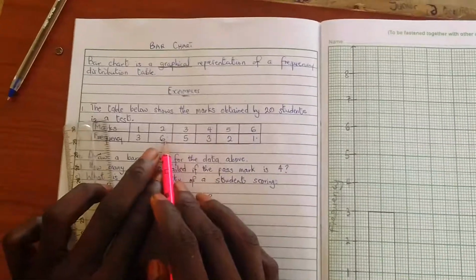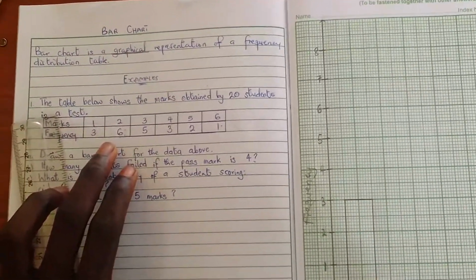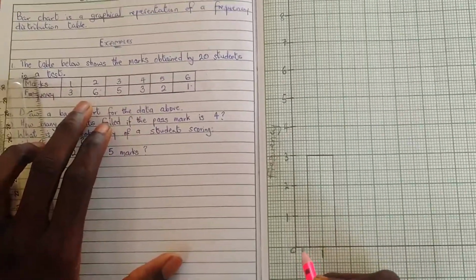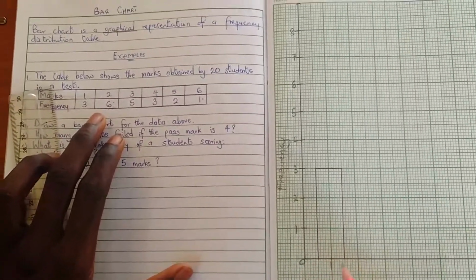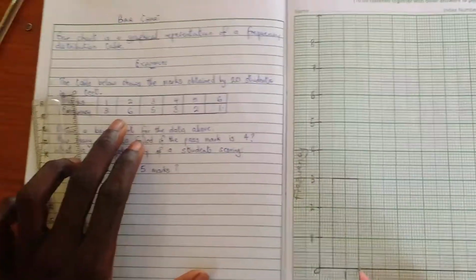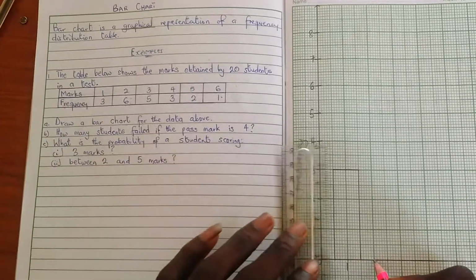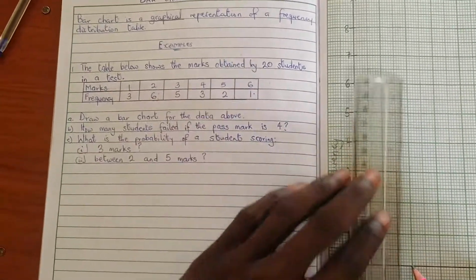Then we move to the next one, which is 2. Now, before we draw the next bar, we have to consider the space we left here, 1 centimeter. Before we draw the next bar, we have to also leave another 1 centimeter from this bar to the new one. So that means we are going to begin our next bar here, and that one is 6.